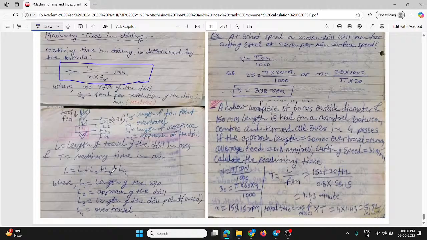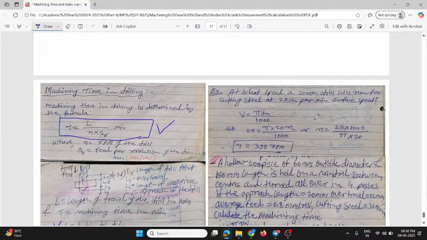That is L1 plus L2 plus L3 plus L4. If other points are given, you can consider them; if not, they are not considered, and you calculate the machining time. The basic formula remains the same, L divided by F into N.